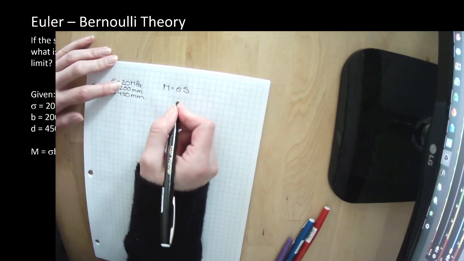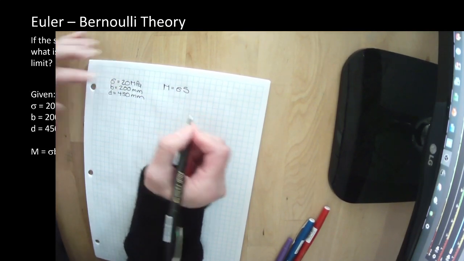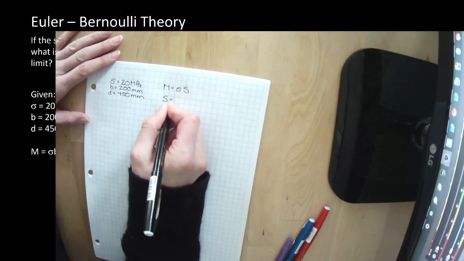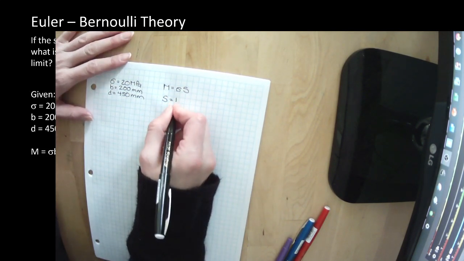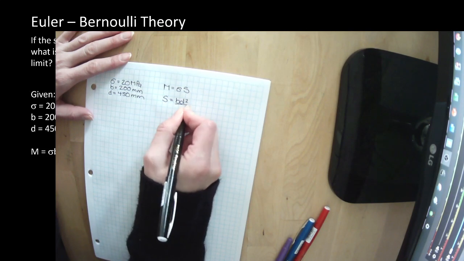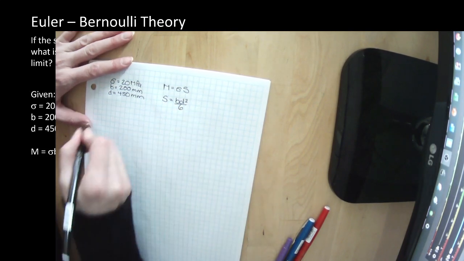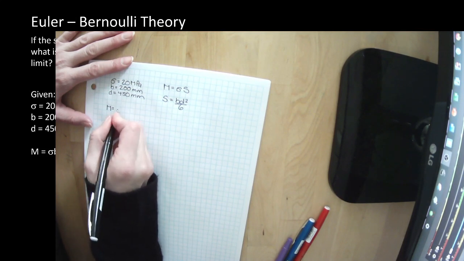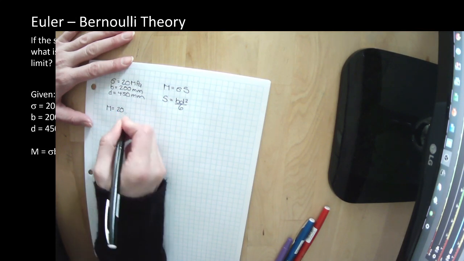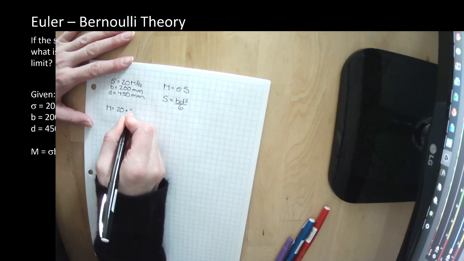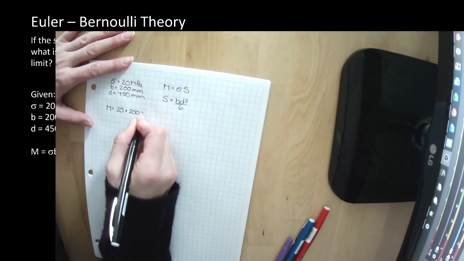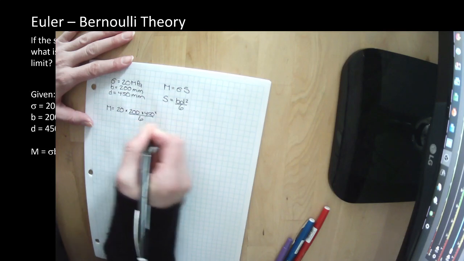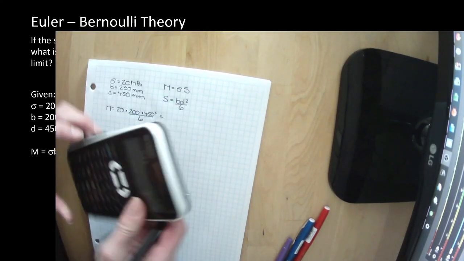Well, we know our maximum stress is 20 MPa. And we know that S for a rectangle, and they said that it was a rectangle, is BD squared divided by 6. So M for this particular member is 20 MPa times 200 millimeters times 450 millimeters squared divided by 6.